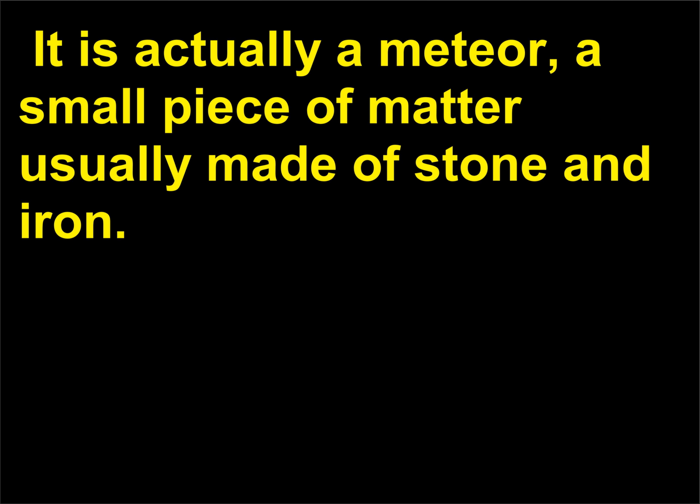What is a shooting star? A shooting star, or falling star, is not really a star at all. It is actually a meteor, a small piece of matter usually made of stone and iron.